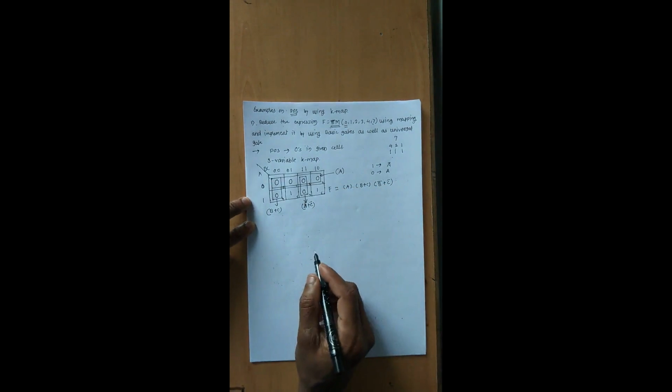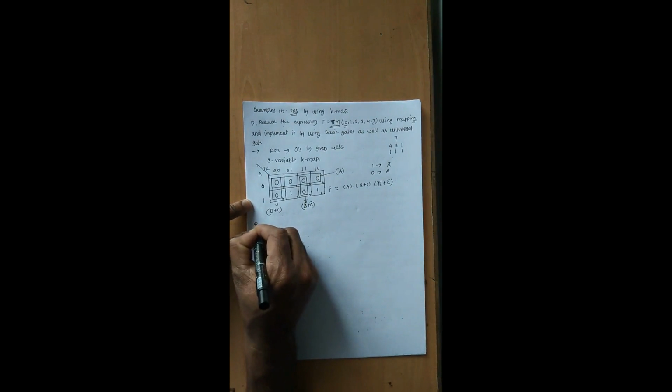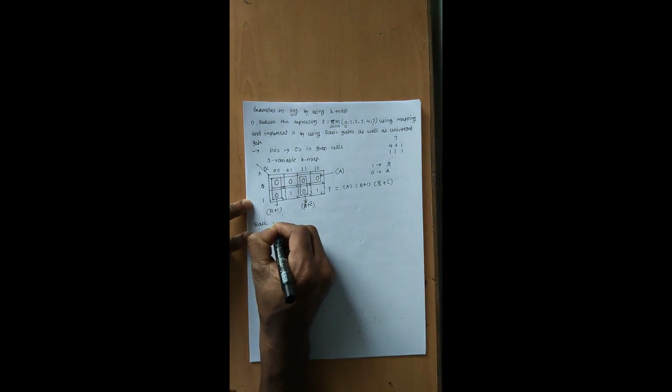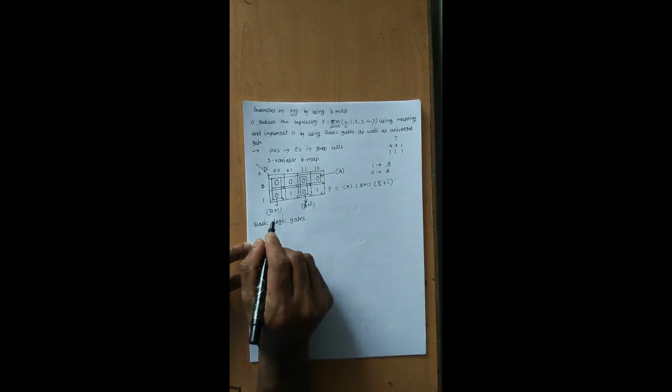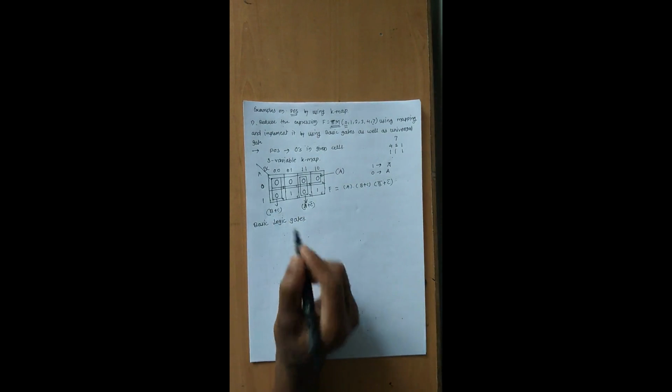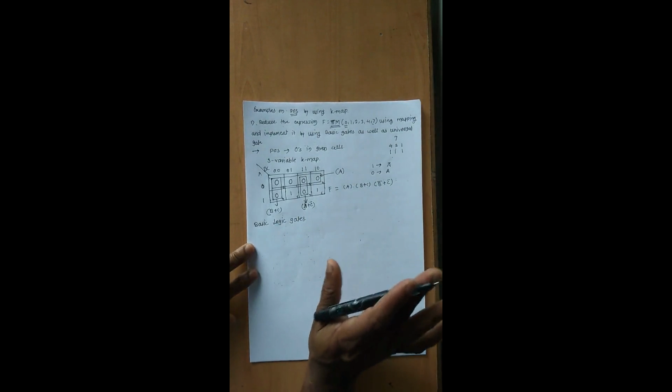We want to implement this equation with the help of basic logic gates. So no need to take a double inversion because it is only applicable for the universal gates.